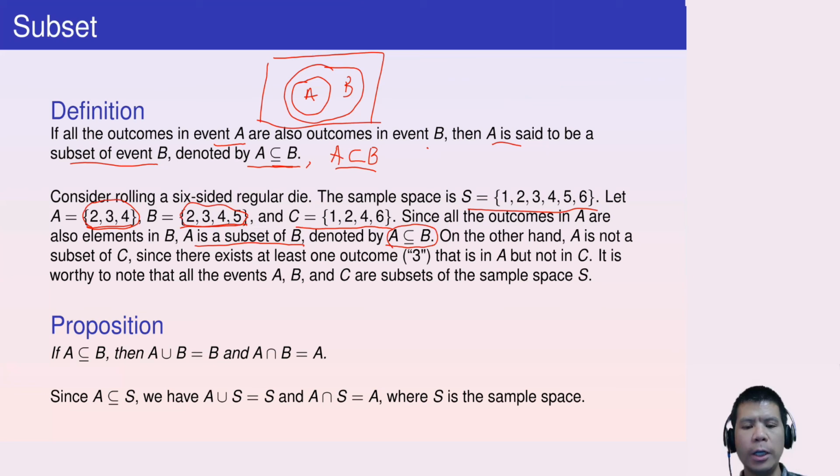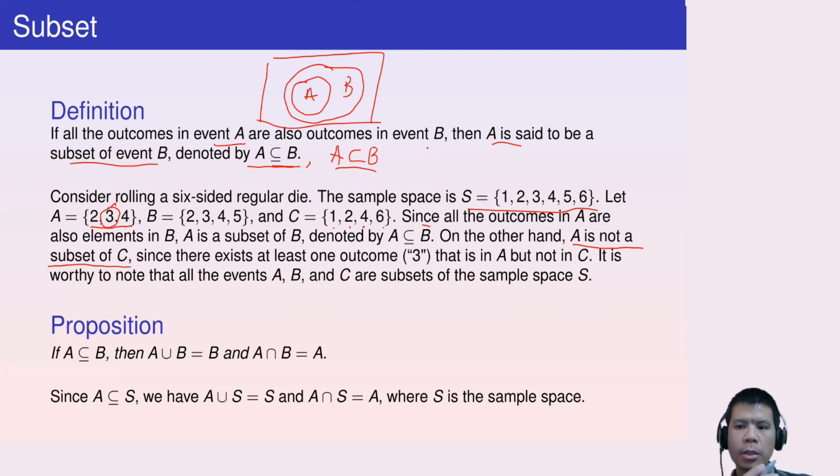However, A is not a subset of C. Why? Because A consists of 2, 3, 4, and C is 1, 2, 4, 6. Now, 3 here is in A, but 3 is not in C, right?